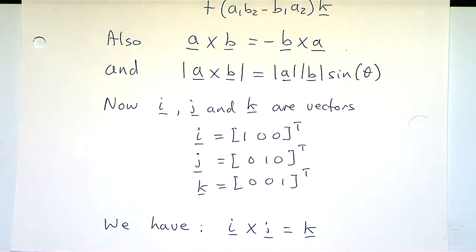Okay? So it's no surprise if we've got this Euclidean coordinate system, if we multiply two of the vectors, we get the other vector in the other direction. Okay? So that's why we can cross product our x and our y directions and we get the z direction. Okay, kind of makes physical sense, doesn't it?